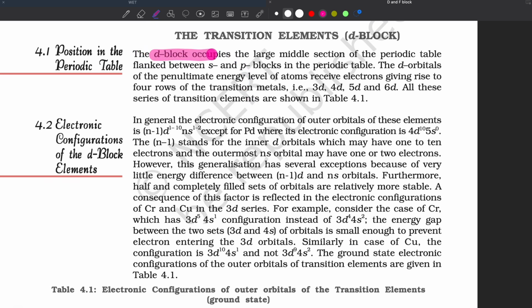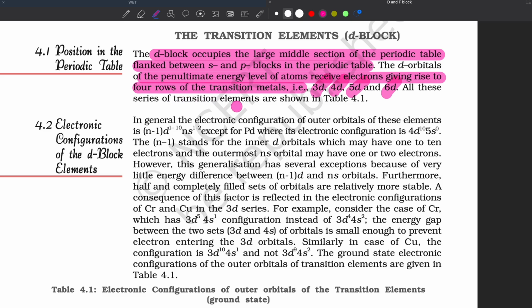Position: the D block occupies a large middle section of the periodic table, flanked between S and P blocks. In the D block elements, the penultimate energy level of atoms receives electrons, giving rise to 4 rows of transition metals, namely 3d, 4d, 5d, 6d.